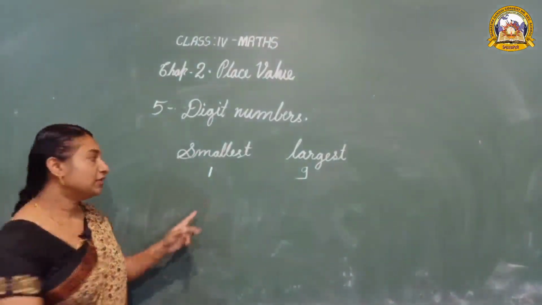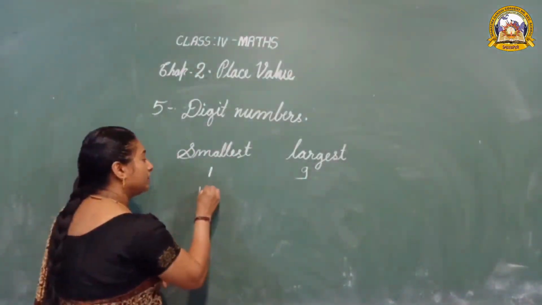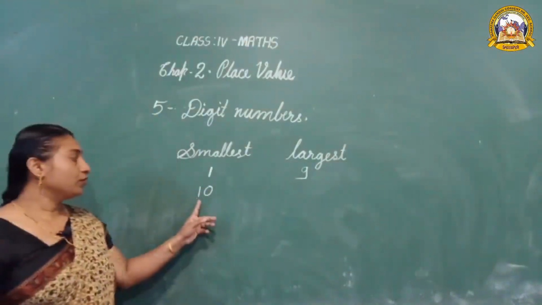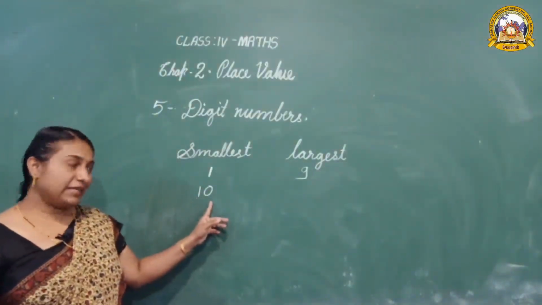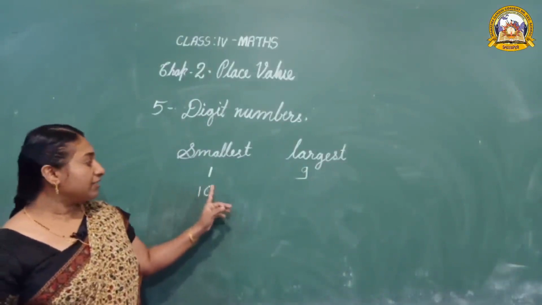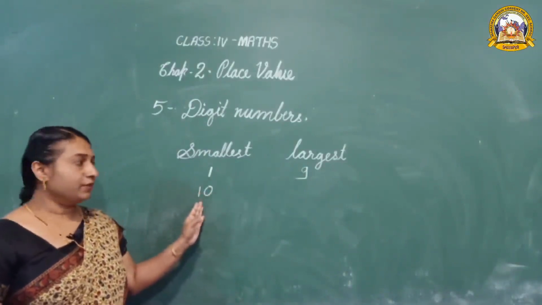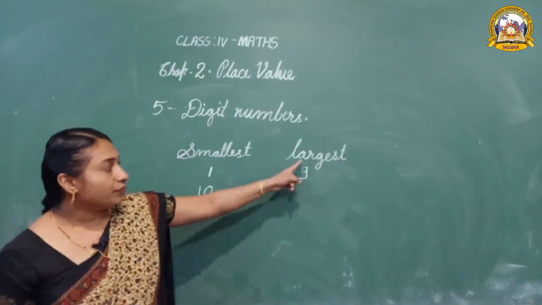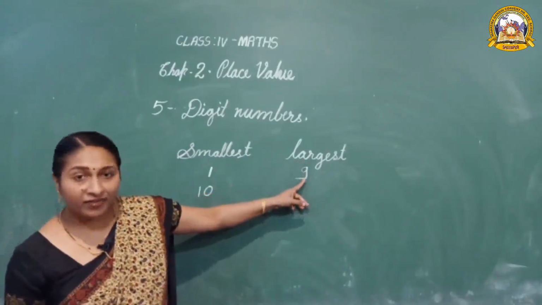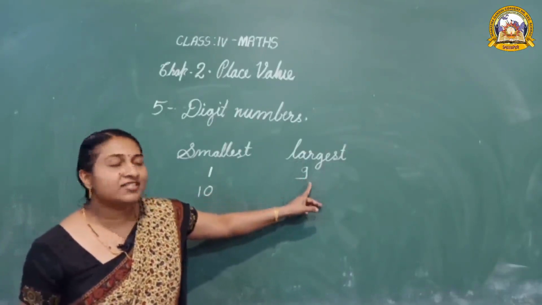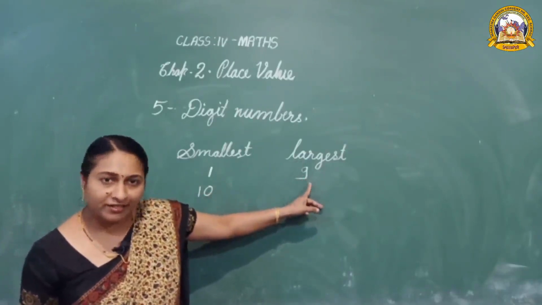What should we do? Yes, the digits 1 and 0. What is this? 10. To get the smallest 2-digit number, we should add 1 with the largest 1-digit number. Did you get it?